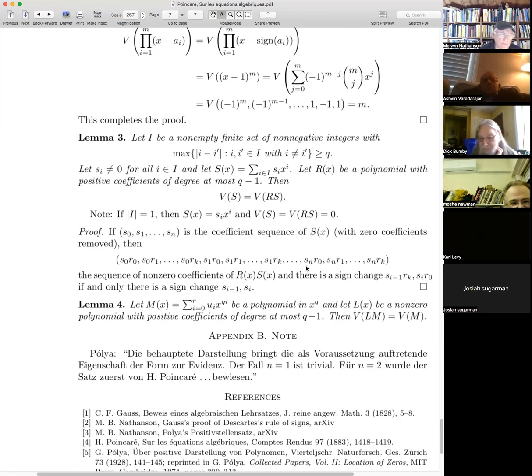What is relevant to Polya is what I separated out from Poincare's note and called theorem 1, the case where there is no positive root for the polynomial. And in that case, you get a polynomial G where f times G has strictly positive coefficients.